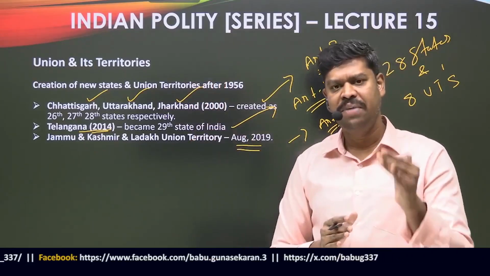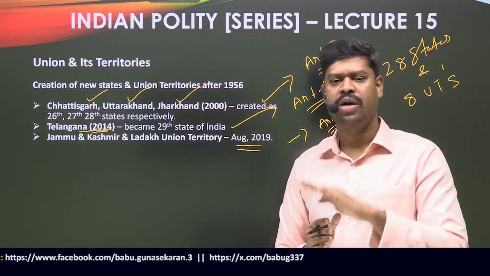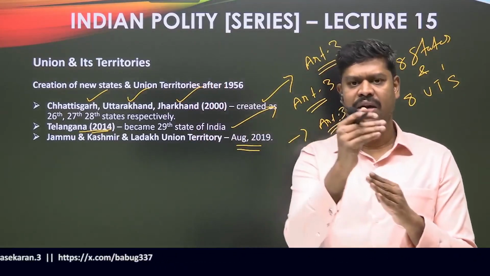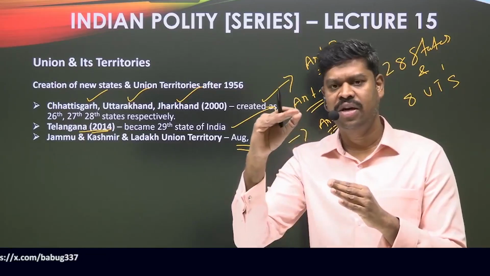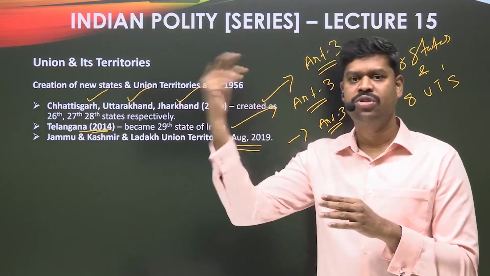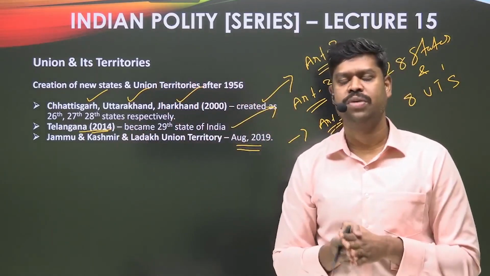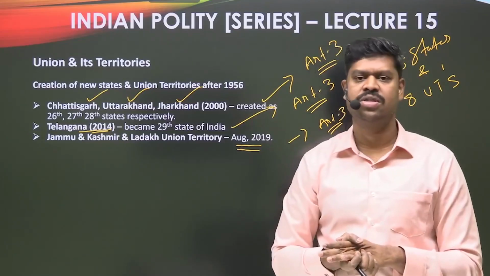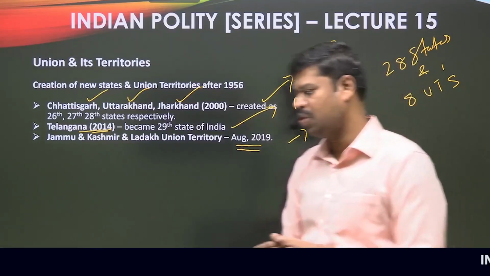But if the law made under Article 2 or Article 3 intends to make changes outside Schedule 1 and Schedule 4, then it requires a special majority under Article 368. So this is a general principle that you should keep in your mind.